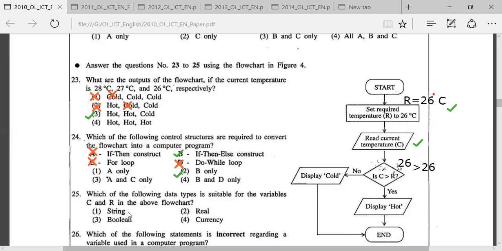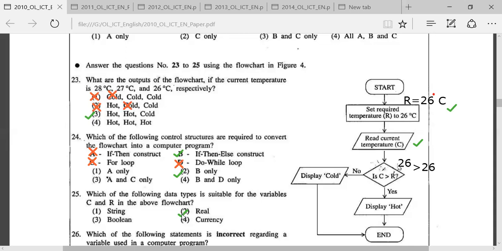Integer or real? Why? It's a temperature. So temperature, sorry, we can't say it would be exactly 26, exactly 27. We can't say. It might be 27.3. It might be 27.45. Likewise.